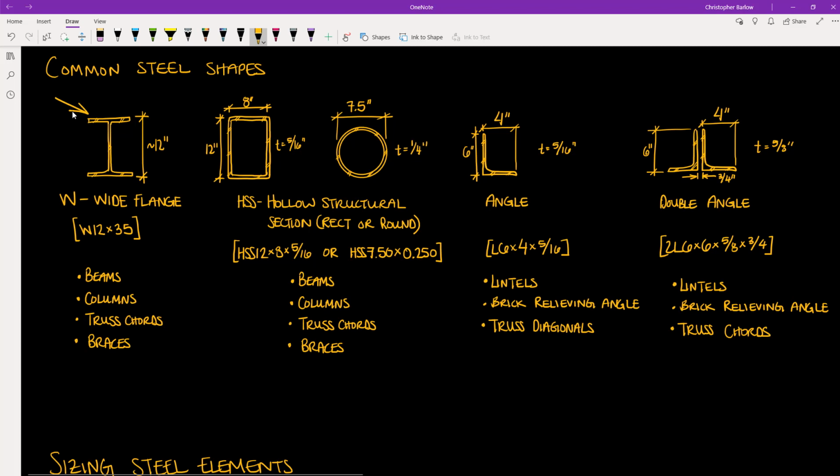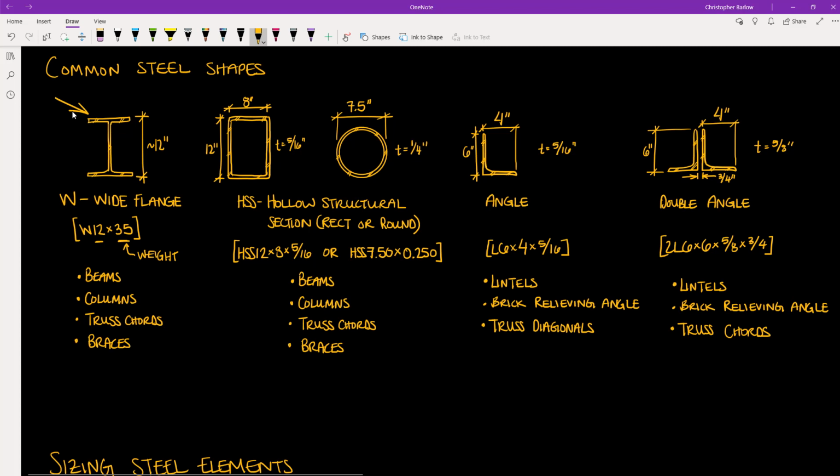And so, just to review, wide flange sections will have a nominal depth that's given, and the second number will be the weight in pounds per linear foot. And wide flange sections are often used as beams, columns, truss cords, and occasionally braces in braced frames.